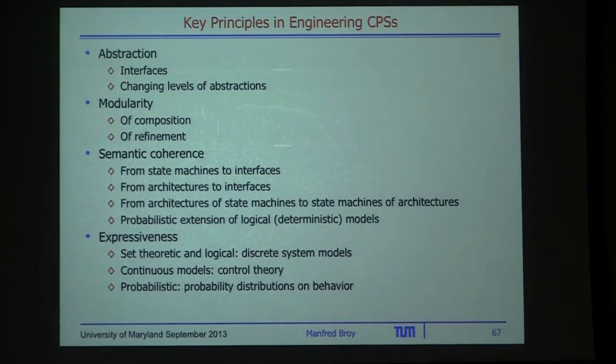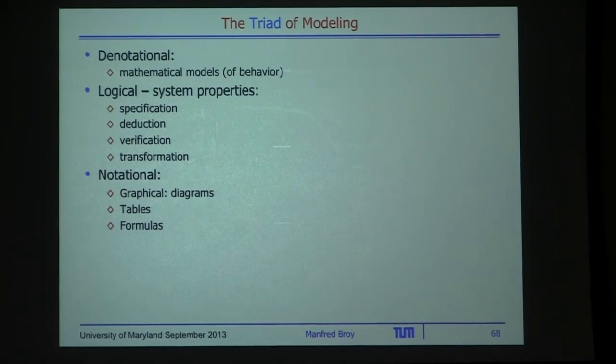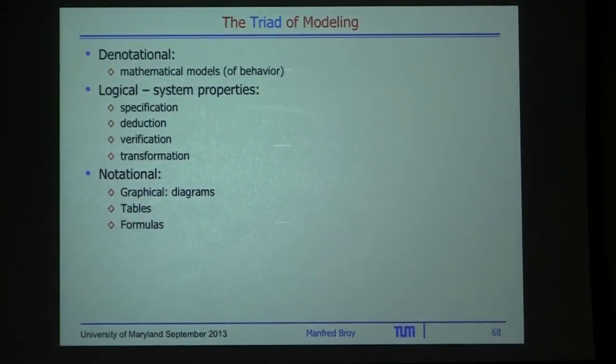And another important angle to look at that is the following. You have a triad of modeling. What you have seen is I have given you denotational models, which are the mathematical models you deal with. In the interface example, these were this mapping from histories to sets of histories, which is a mathematical model of system behavior, with strong causality and what else you need.